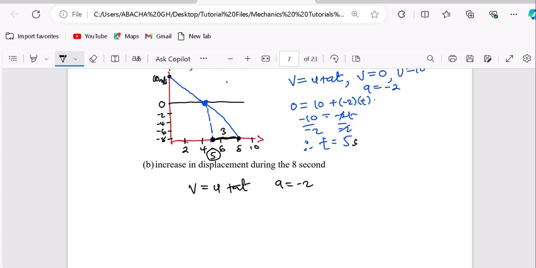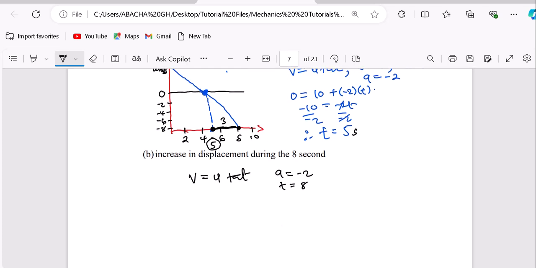The time this time around is the whole thing, which is 8, and our initial velocity u is 10. So v equals 10 plus -2 times 8, which is 10 minus 16, equals -6 meters per second.